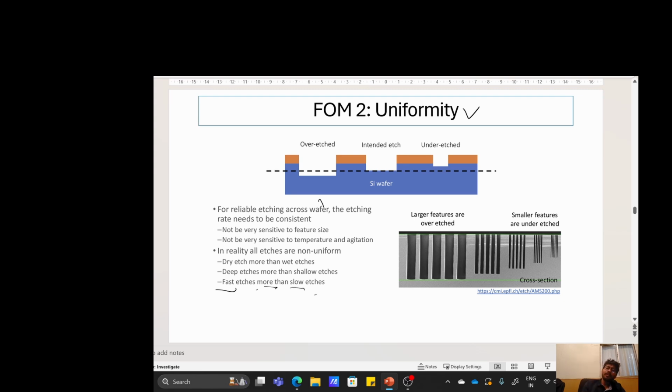Because of the feature sizes, the feature size is large in this area, medium here, and very small here, and the etch rate also depends on the feature size. We will see in the subsequent slide why this depends on the feature size.